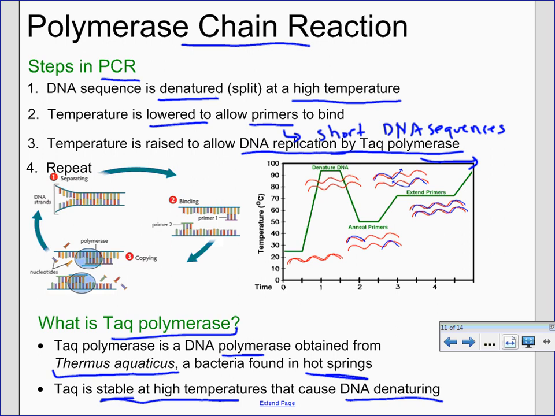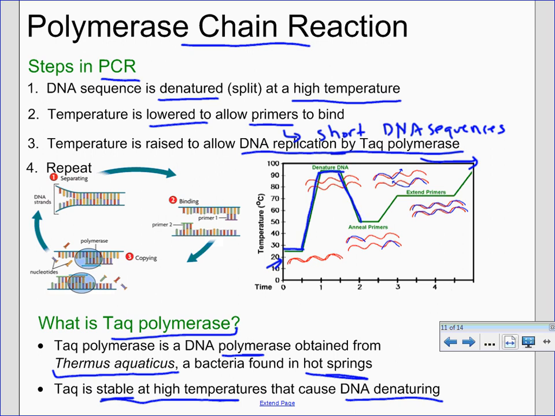So the way this looks in terms of a graph is that you have your temperature set at a relatively normal, lower temperature, which gets increased to almost boiling levels. This will cause the DNA to split and separate.